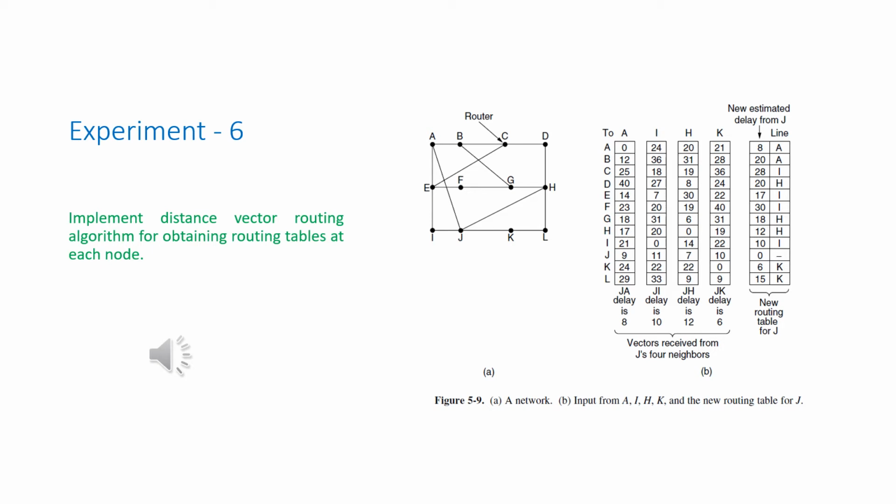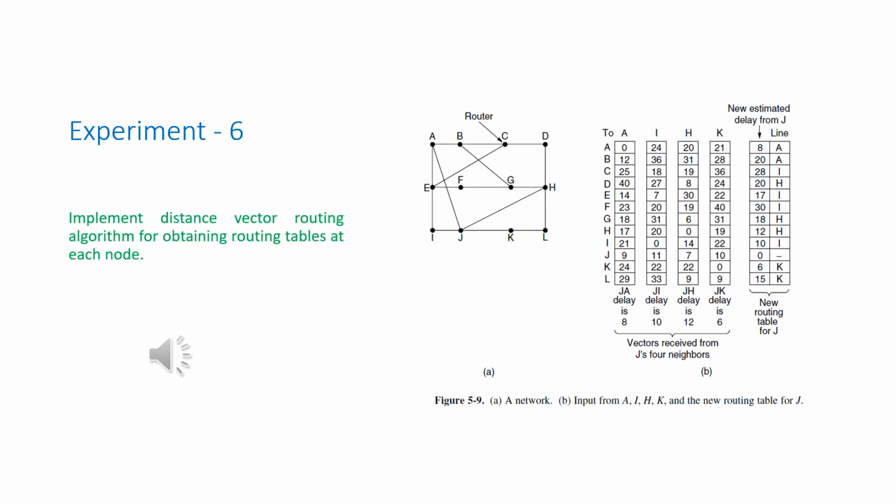Now coming to the new J routing table, after a few milliseconds, initially this is the table we have. Now the new routing table will be constructed by listening to the nodes. Now I want to go to A, from J to A. Here it takes 8 milliseconds.